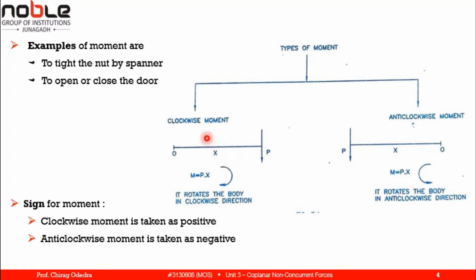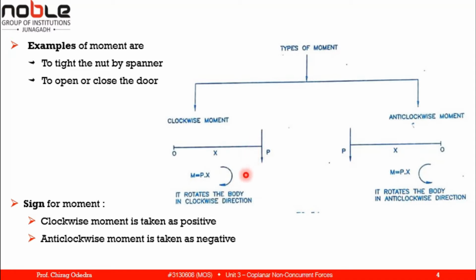And if you are confused how to decide the direction of the moments, there is one simple method. Take a thread. Fix the thread at the point where we have to find the moment. Let us talk about this clockwise moment. In this particular case, if we are fixing thread at point O and rotate the thread in the direction of force, so the thread will be rotated in this direction.